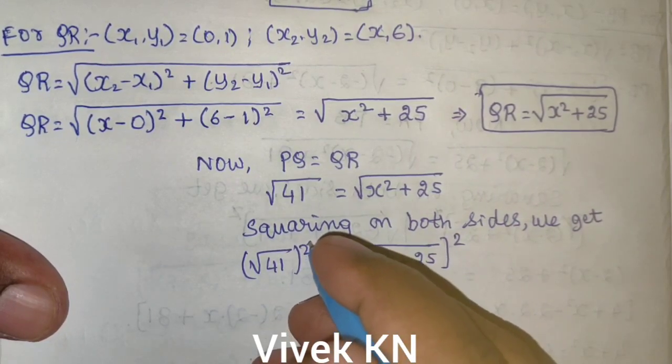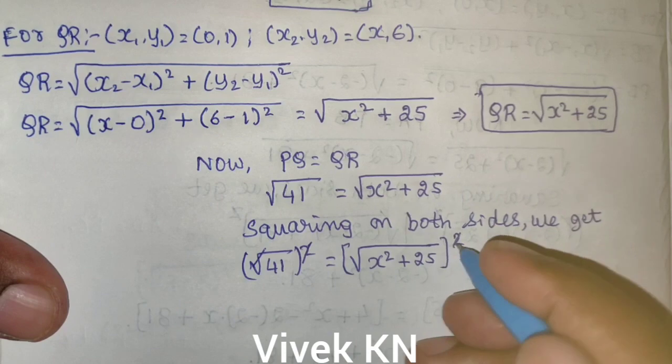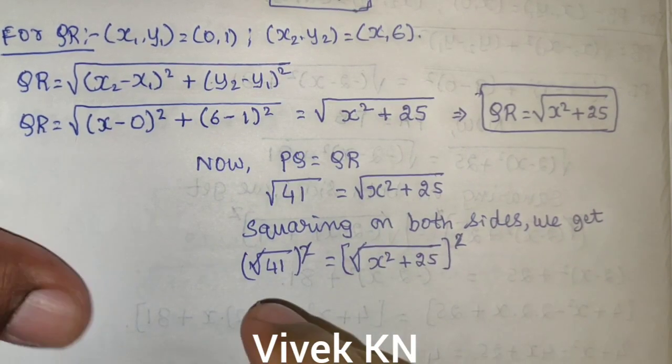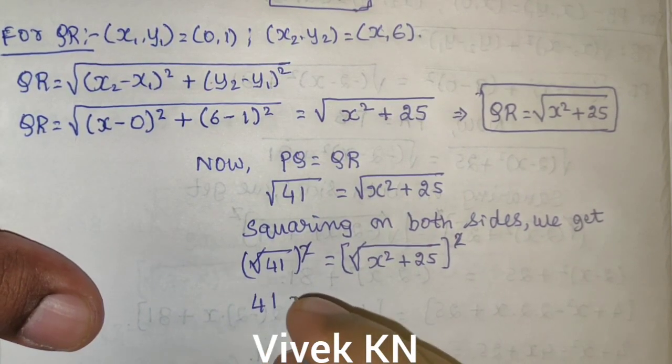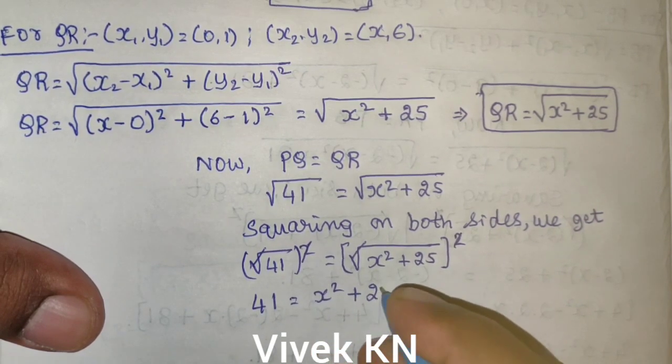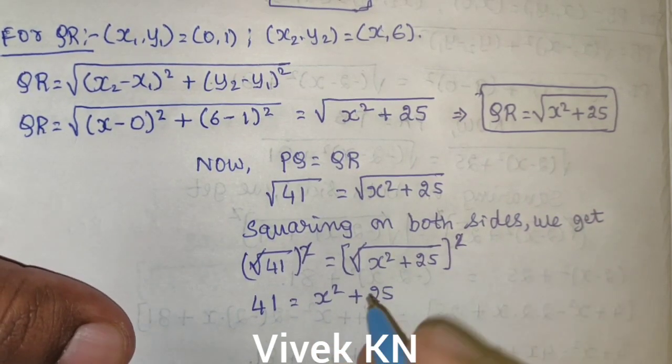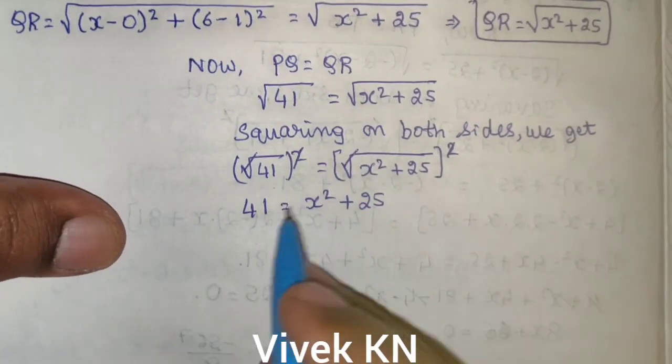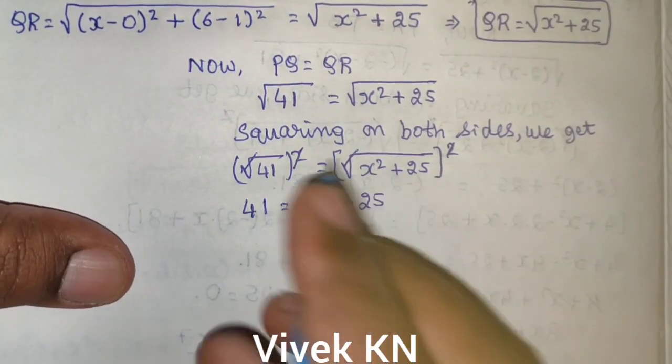Here square and square root get cancelled and the remaining terms are 41 is equal to x square plus 25. Now let us shift this 41 to the RHS.